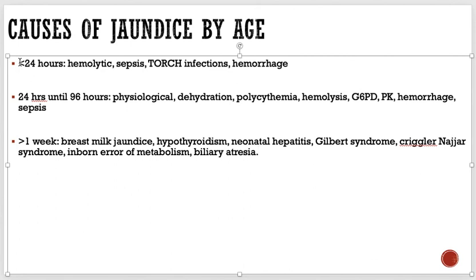One is called Dubin-Johnson syndrome, one is called Rotor syndrome, one is called Gilbert syndrome, and one is called Crigler-Najjar syndrome. The one which is here, Crigler-Najjar syndrome, for example.